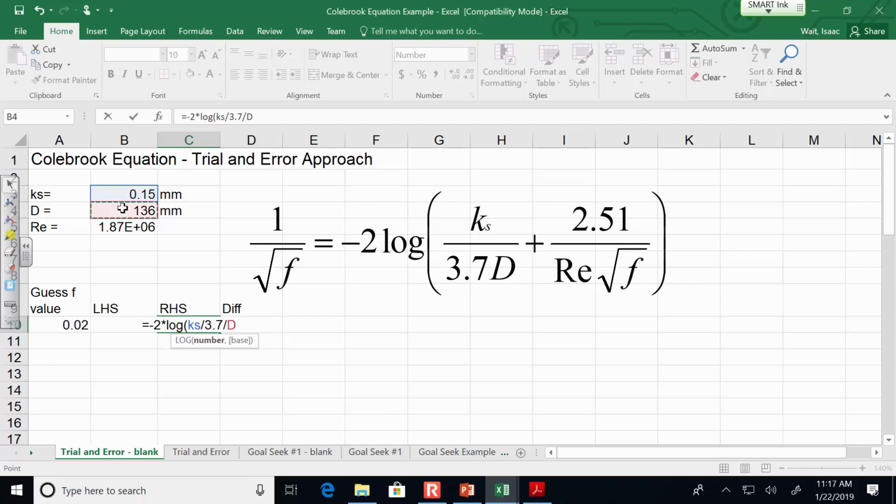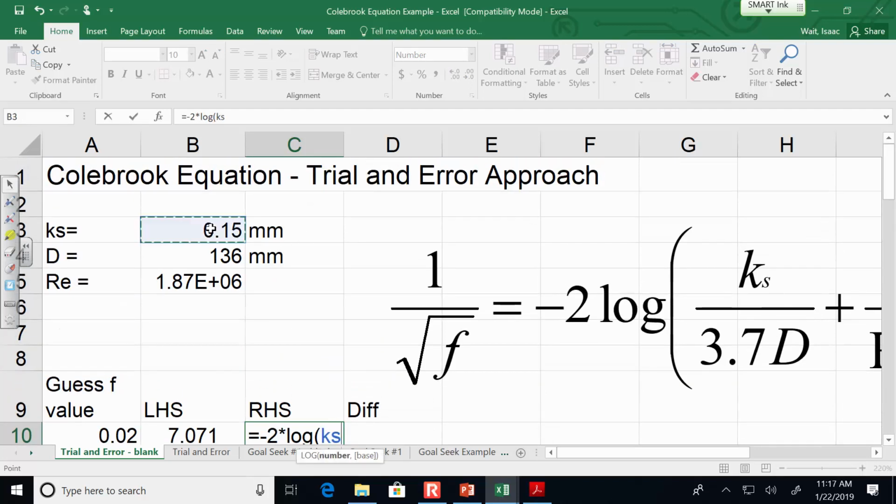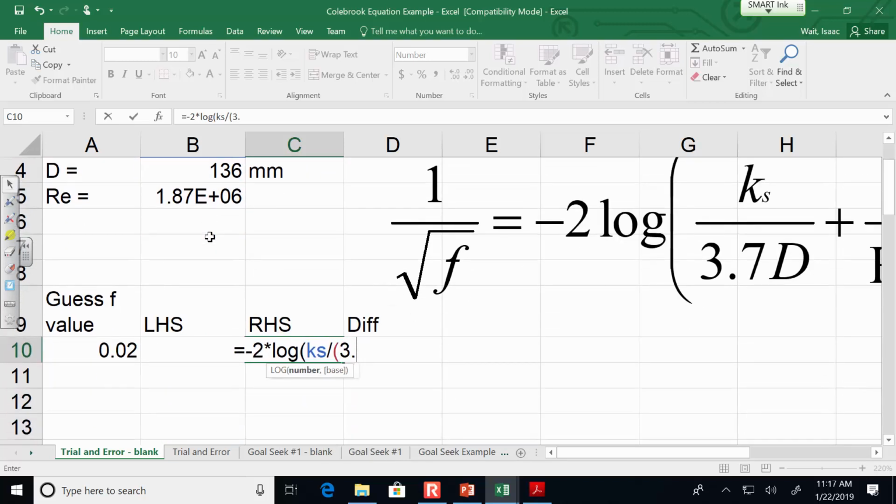I've just done something a little strange there because maybe you're more used to putting in parentheses and multiplying it. Like the other way I could write this is negative 2 times the logarithm of k sub s, parentheses 3.7 times d, but it's actually fewer keystrokes if you just say k sub s divided by 3.7 divided by d.